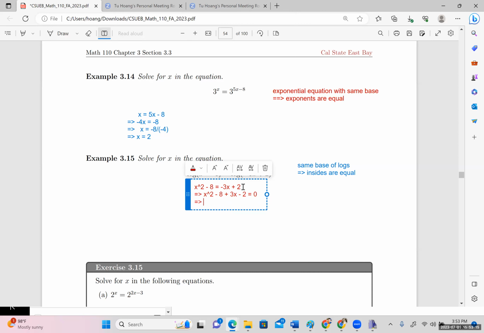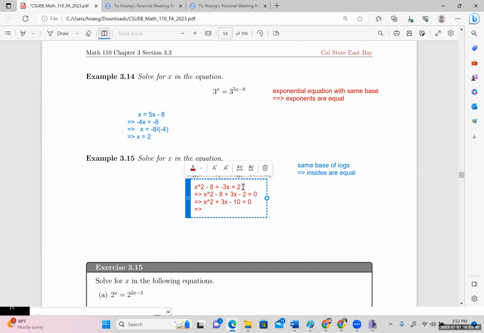The reason was I'm having x squared, so it looks like I'm gonna have a quadratic equation. So it's gonna be x squared plus 3x minus 10 equals 0. So at this point, you would think about the AC method.